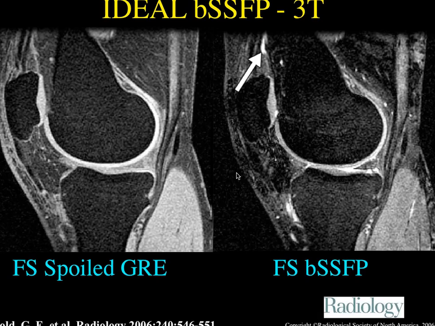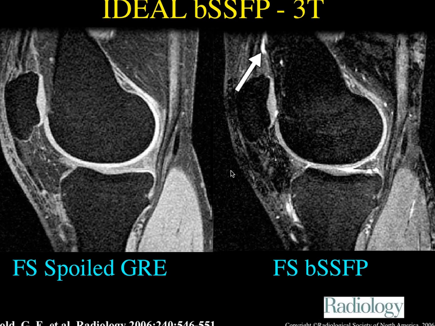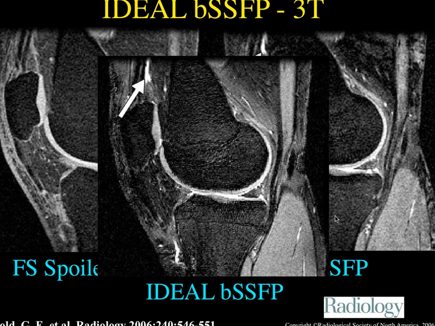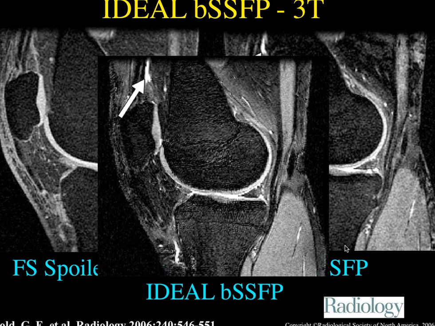You can do it with gradient echo techniques or fast spin echo techniques. Here's a fat suppressed gradient echo technique using gradient spoiling. This one is fat suppressed using steady state free precession, and here's an IDEAL technique.